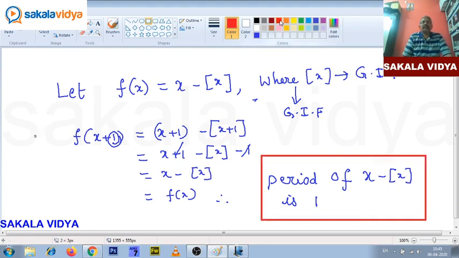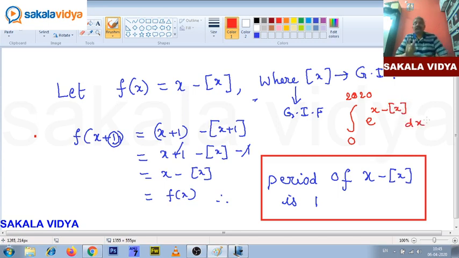So, generally in the examination one question may be asked, integral 0 to 2020 e power x minus integral part of x dx. In order to solve this problem, we need the concept of the period of x minus bracket x, because you might have studied integration actually.